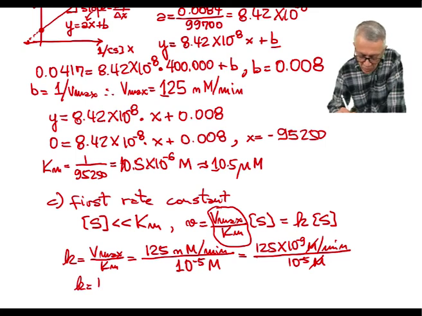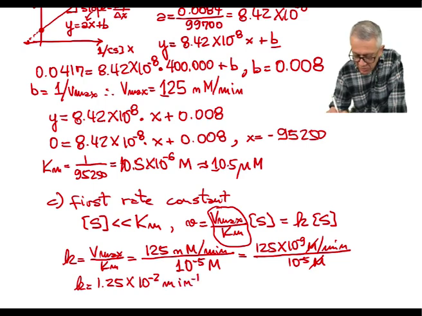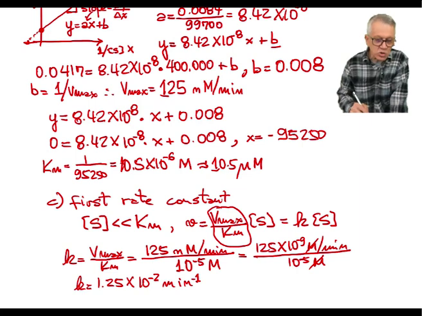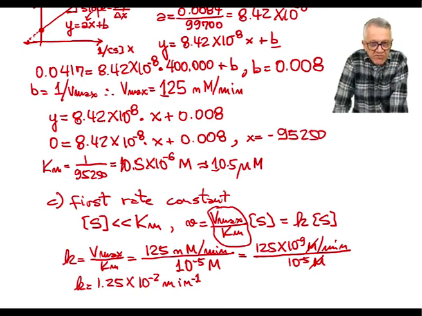That's going to give 1.25 10 to minus 2, and the unit, sorry, this was per minute, so that's going to be minute minus 1, or per minute. Okay, so that will be the solution for both parts of the problem.